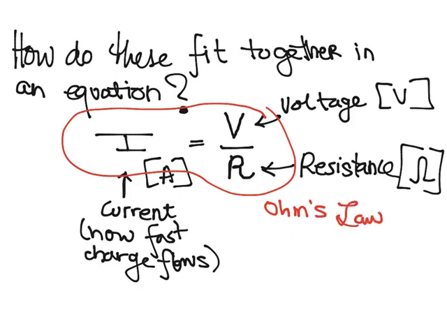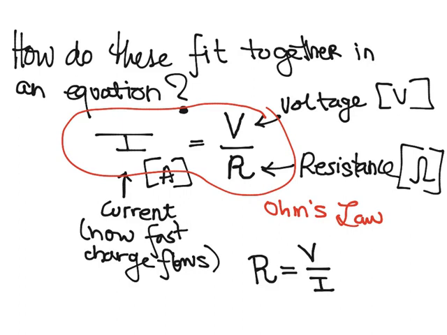But actually, sometimes, depending on their temperature or what other things they're interacting with, the resistance of objects can change. And so the more proper way to define Ohm's law is R, the resistance, is equal to the voltage divided by the current.